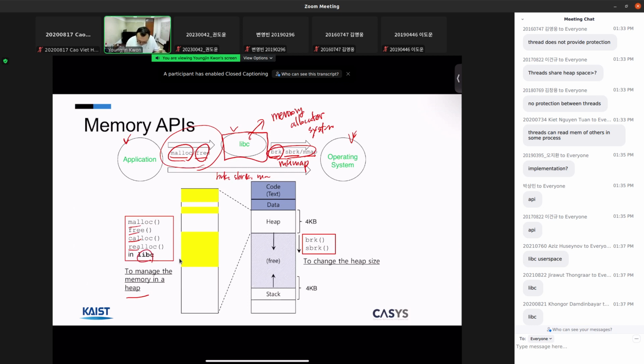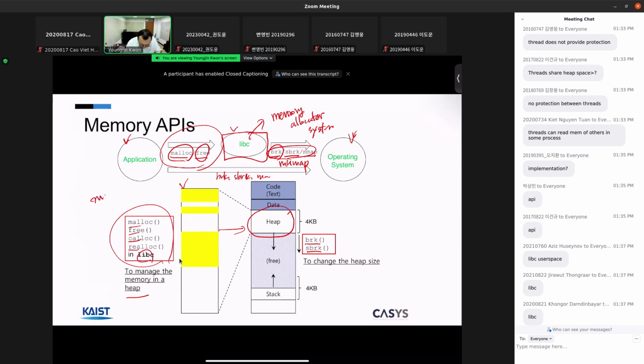The memory manager implements allocating the virtual address space, which in turn is translated into these system calls. This one only relates to which part? Heap.